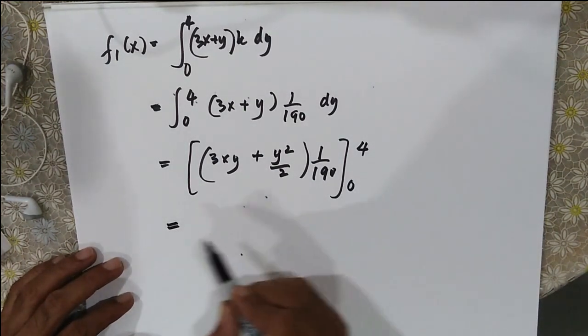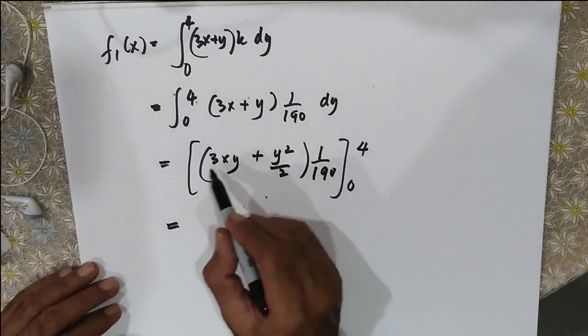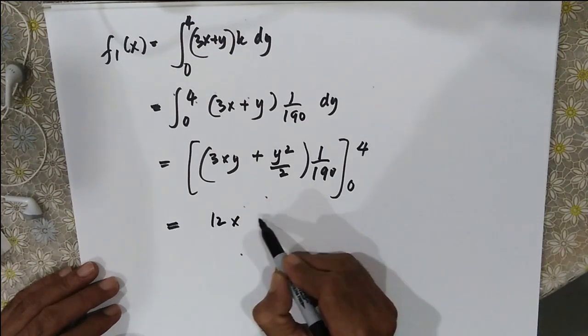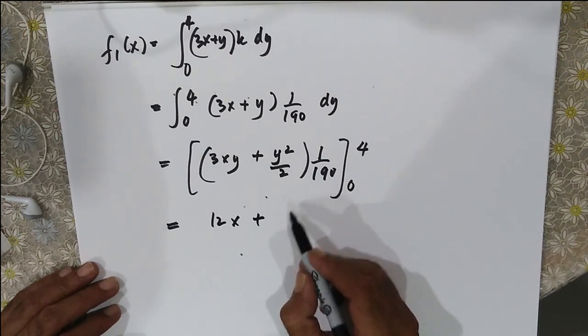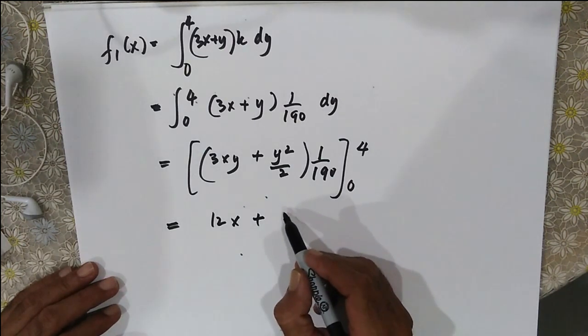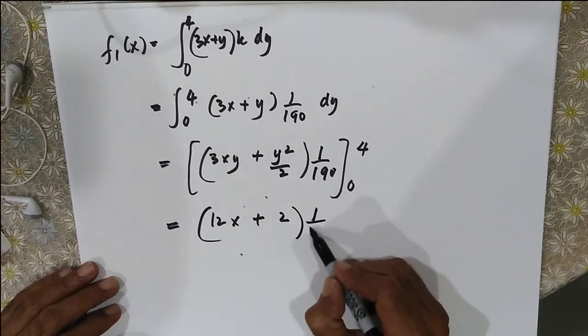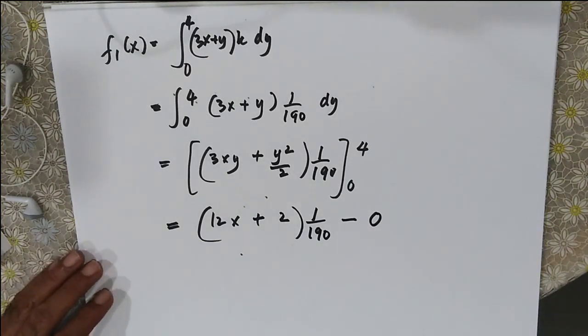Here we have 4 multiplied by 3 is 12x, plus 16 over 2 is 8, multiplied by 1 over 190, minus 0. This is how you solve the problem.